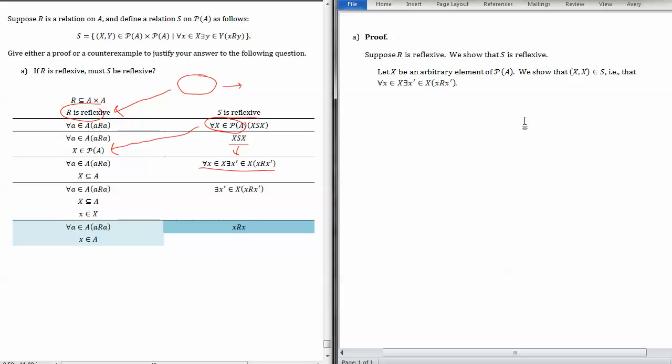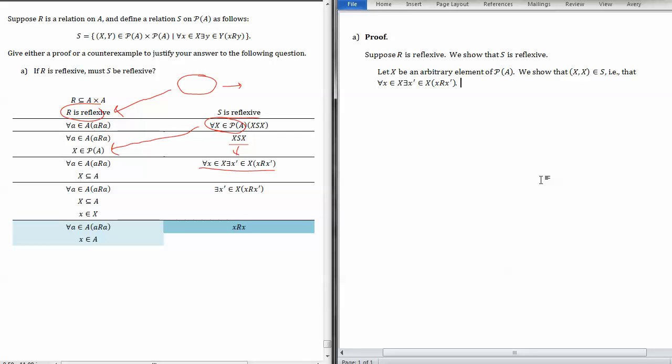Now you might be mad at me for putting some logical notation in my proof here, but the reason I'm okay with that is that it was given to me in the definition of this relation S in the problem. So I think it's okay to bring that in here so that the reader can match those up in their mind.